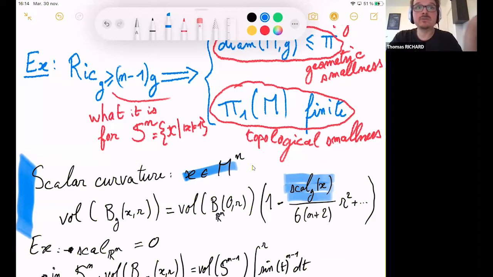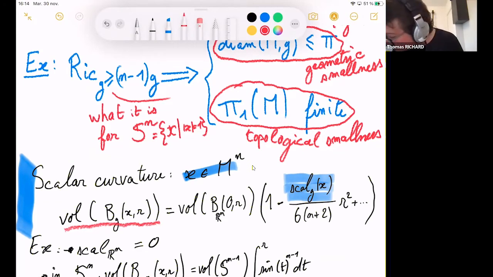And so we can compute volume of balls. We have a distance, we can compute balls and volume of balls. And we can try to relate the volume of a ball of radius r in a manifold of dimension n with the volume of a ball of radius r in standard Euclidean space of dimension n.